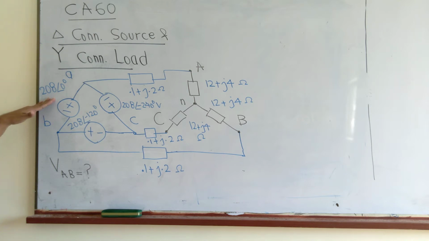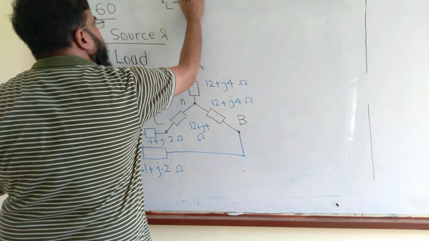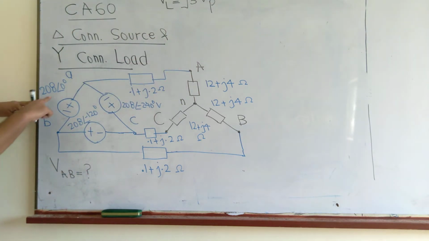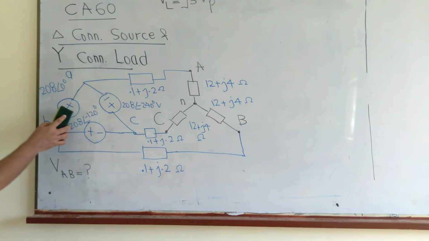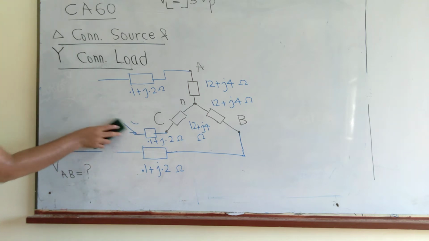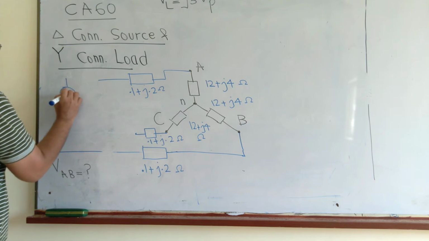it becomes 120, because 208 is a line voltage, and we know the line voltage VL is root 3 times V phase. Since this is a line voltage, we convert it into a Y connected system. So this whole would be replaced with a Y with 3 sources.